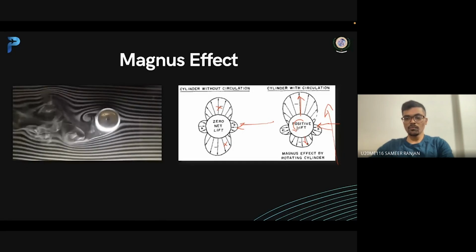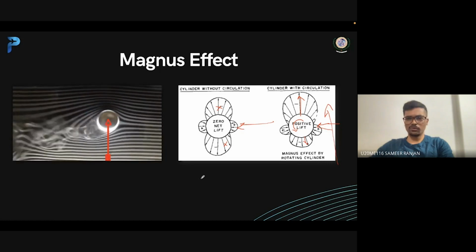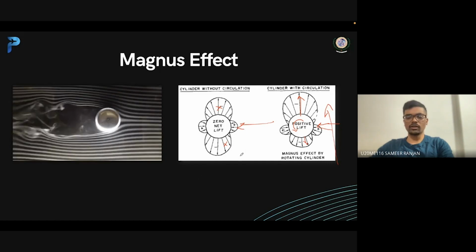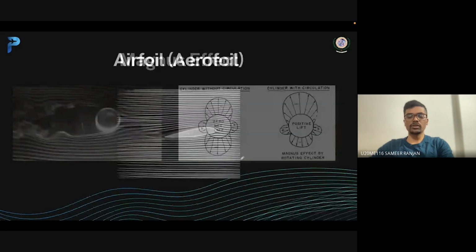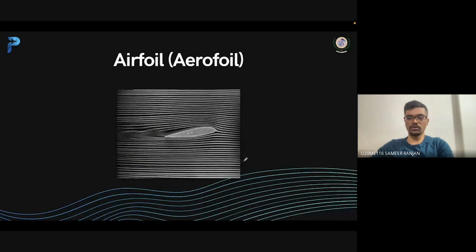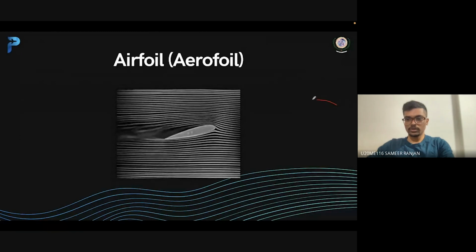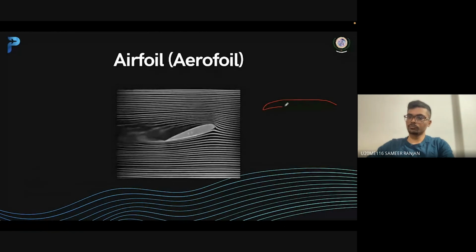So after a few more studies, they came up with this type of geometry, which is called an airfoil or aerofoil, which is in this shape.